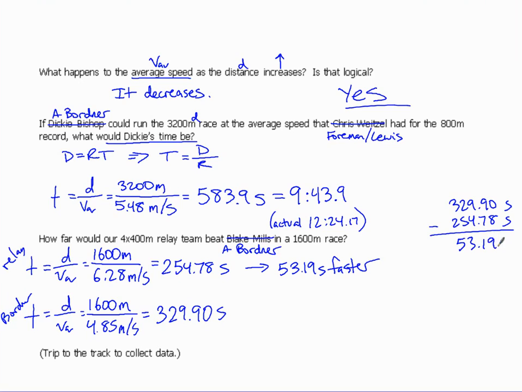And that's our 53.19. It's a little off over here because of rounding. Actually, it's a little off because I wrote a 9 instead of a 2. That's better.